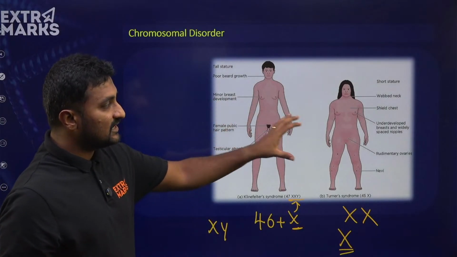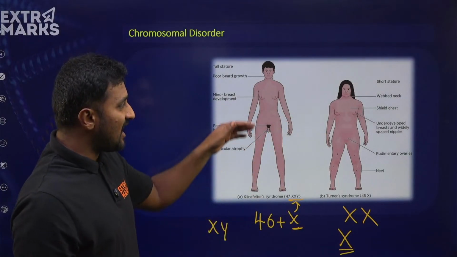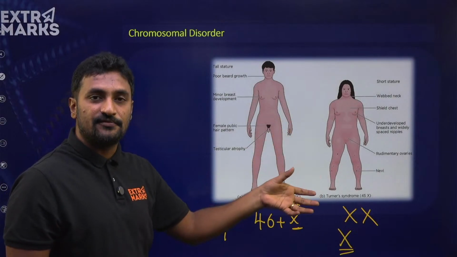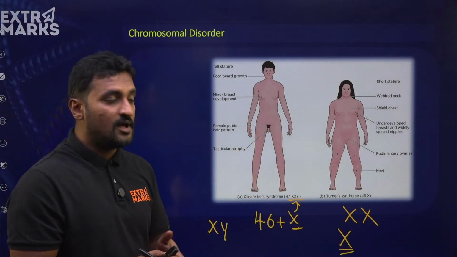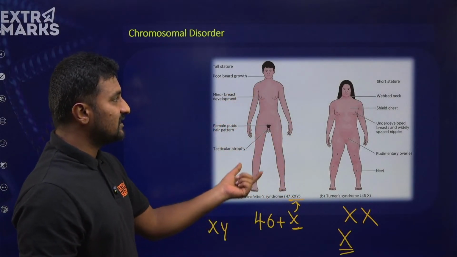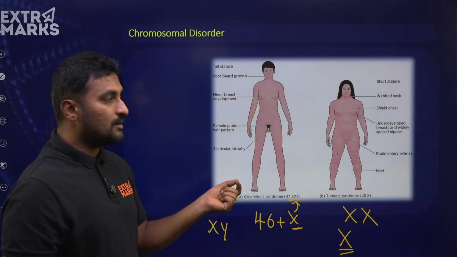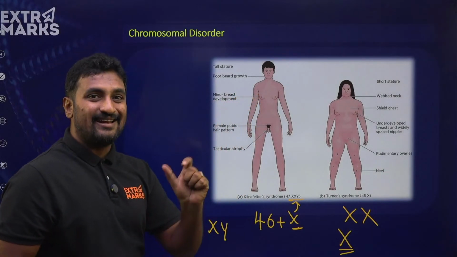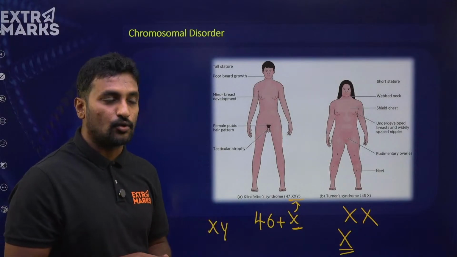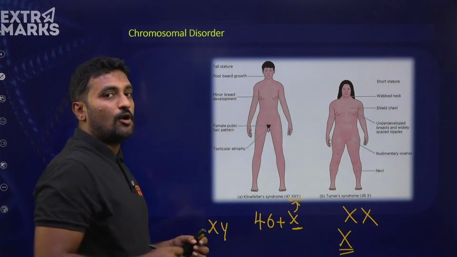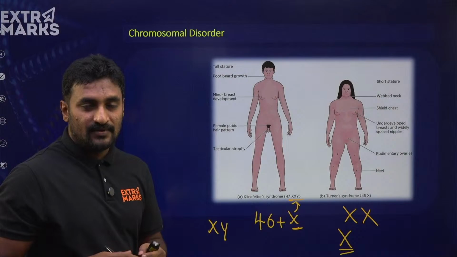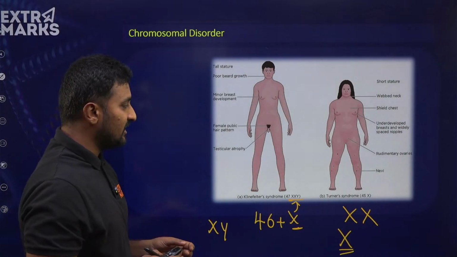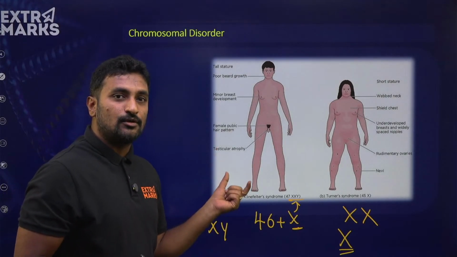Now if you see the characteristics between them, there are some characteristics which are a little different from normal human beings. For example, in Klinefelter syndrome, this person has slightly enlarged breast characteristics, which we also call the development of gynecomastia, and there is something called testicular atrophy.